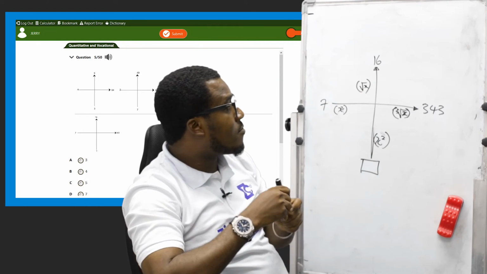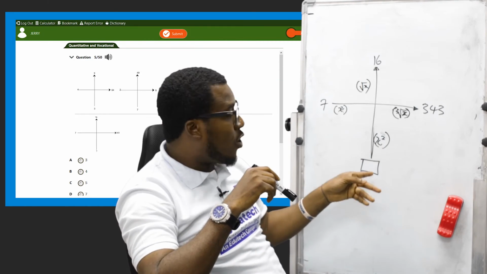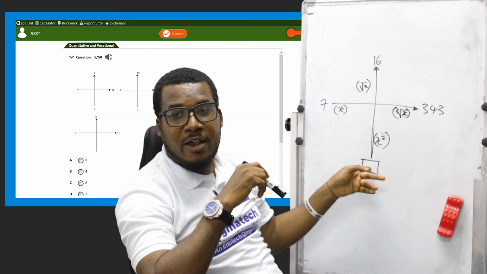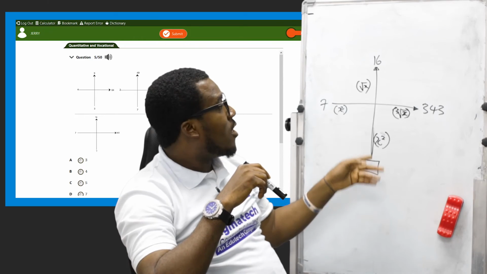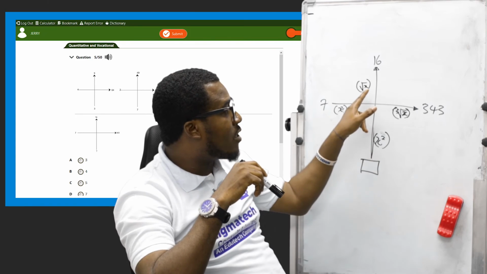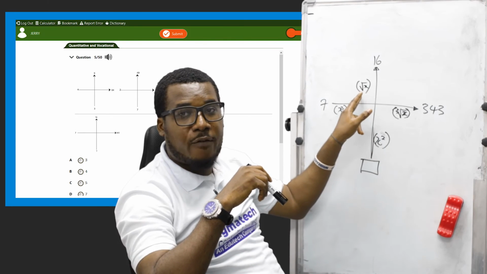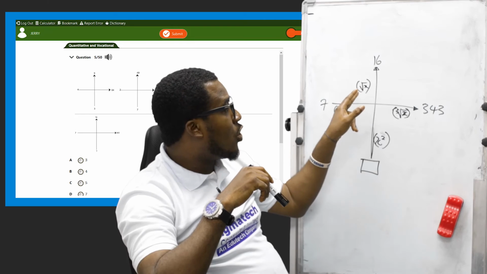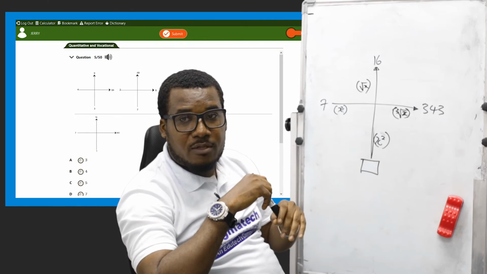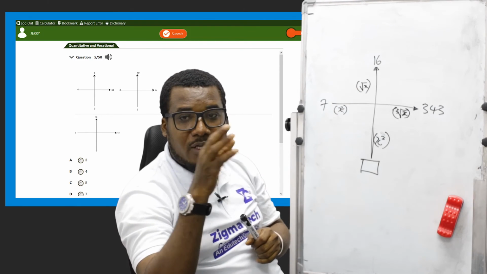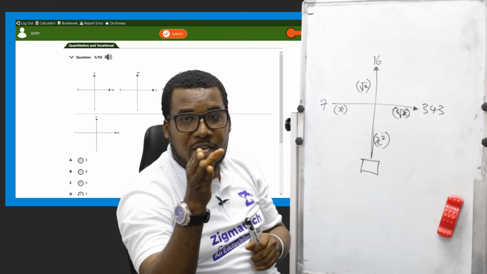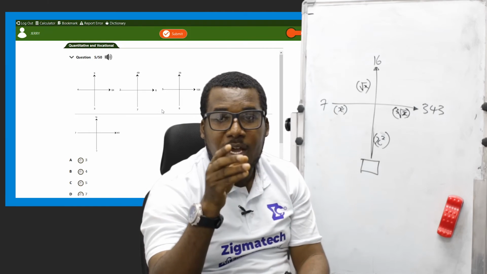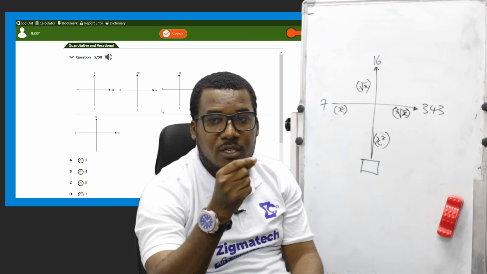Now, if you notice, we are coming downward because we're looking for down here. We're looking for the figure here. So, since we're coming downward, we said use the logic of this. Square roots of 16. So, from the options we're given, A 3, B 4, C 5, and D 7.